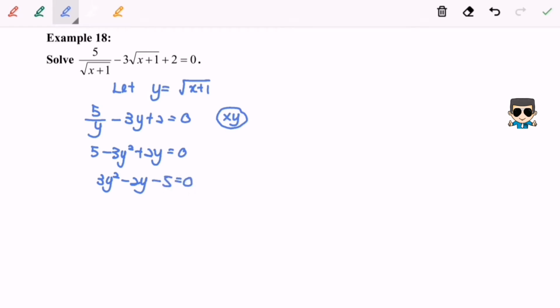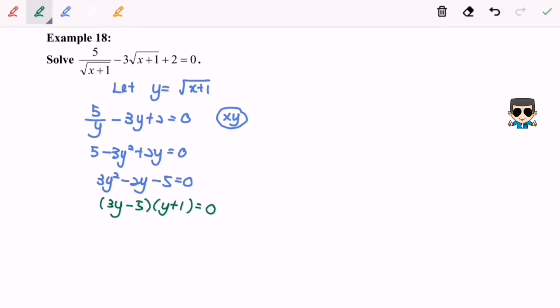So now we have the quadratic equation. Next step, I'm going to factorize it. So we will have (3y minus 5)(y plus 1) equals 0.